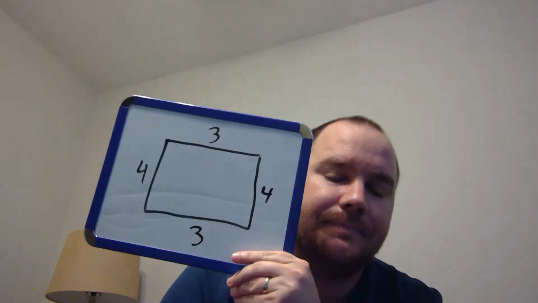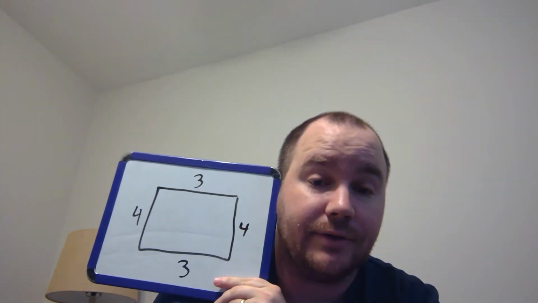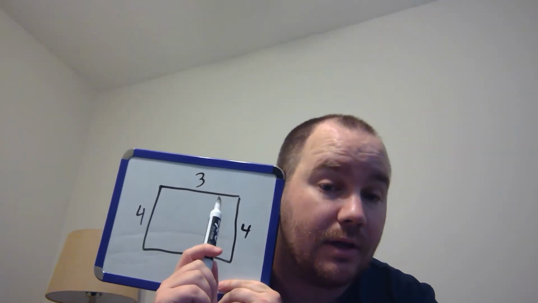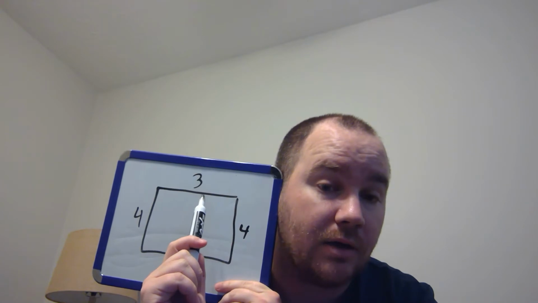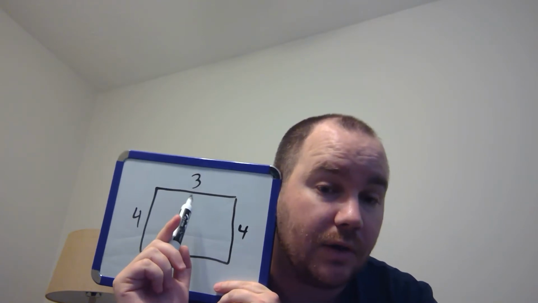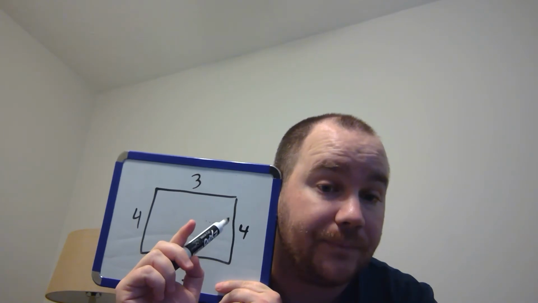So, let's start right here. It's 3 and 4 on each side, but I want you to notice something. This one looks a lot longer, right? This one seems shorter. So the 3 and the 4. Every time we take the ACT, they give a big spiel, a huge conversation, about what a model should look like.